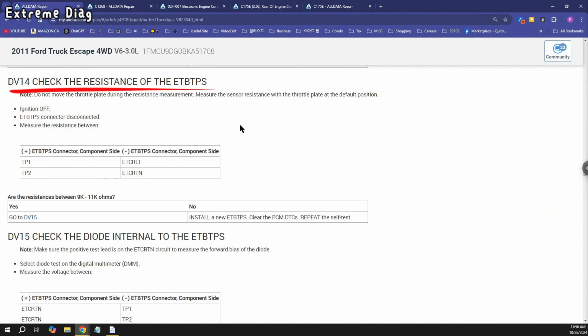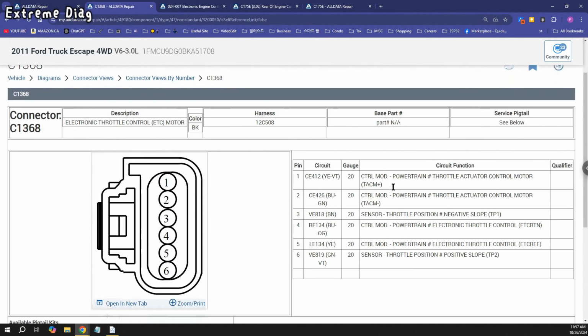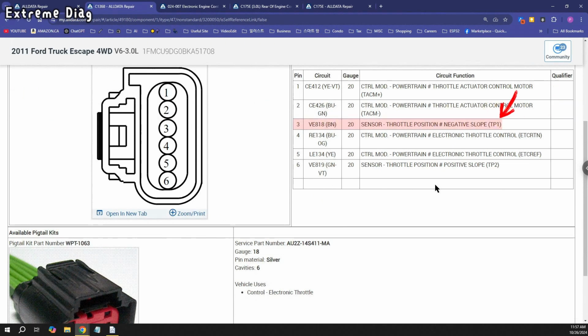DV14 says to check the throttle body's resistance values. Component side means testing the part itself, not the wiring. Check the resistance between TP1 and ETC-REF, and between TP2 and ETC-RTN. Looking back at the pinout, between TP1, which is pin 3, and ETC-REF, which is pin 5, and between TP2, which is pin 6, and ETC-RTN, which is pin 4.